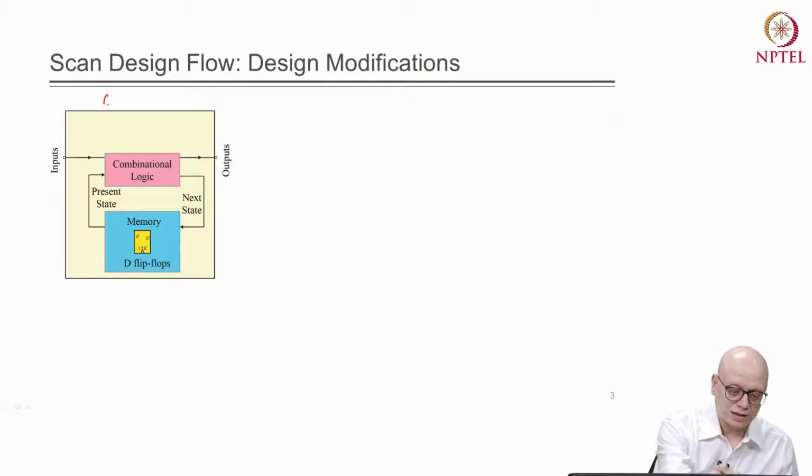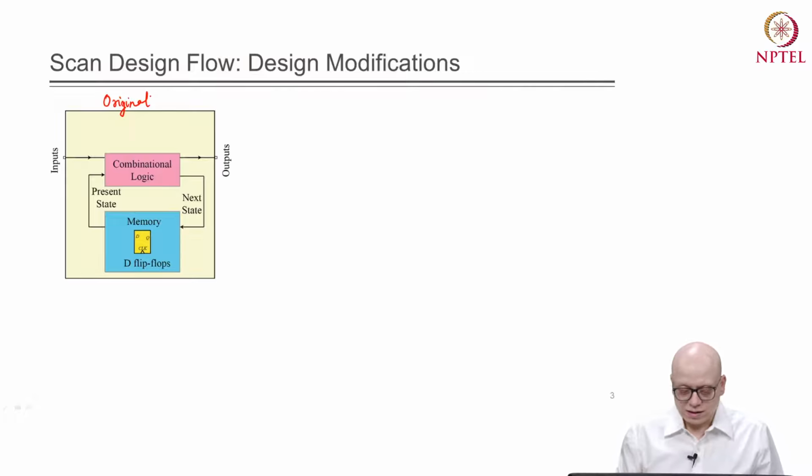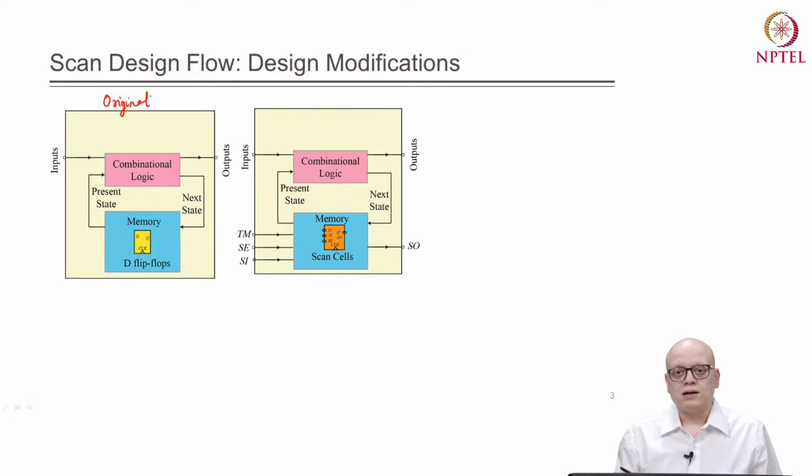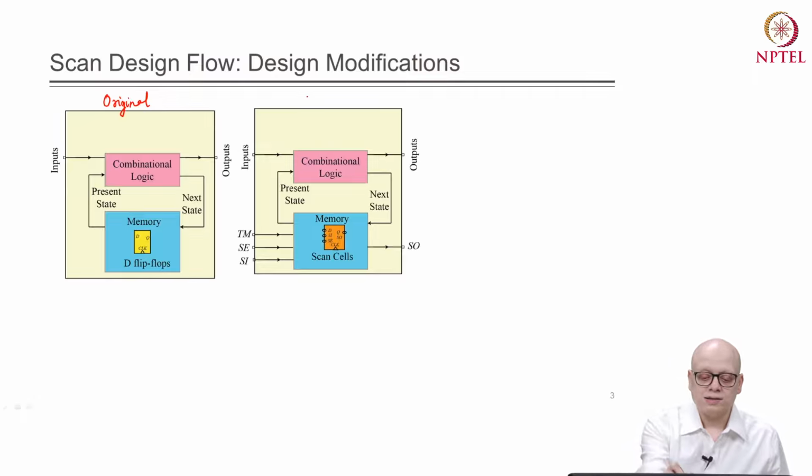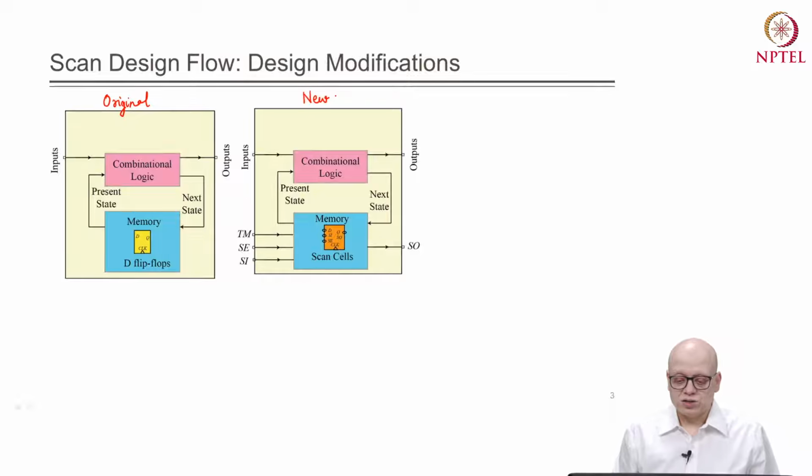So, this is the original netlist or original design, and this original design is basically being transformed to another design in which the scan design flow is implemented. So, what are the changes required to be made in this new design or new circuit? There are three major modifications that need to be done over the original circuit.